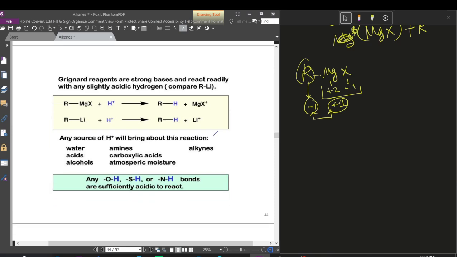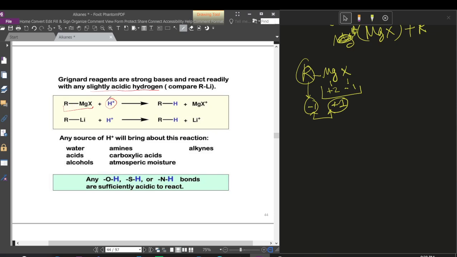So by these Grignard reagents we can produce the alkane easily. First of all, Grignard reagents are strong bases and react readily with a slightly acidic hydrogen, that means H plus. So this is our H plus, this is our Grignard reagent.